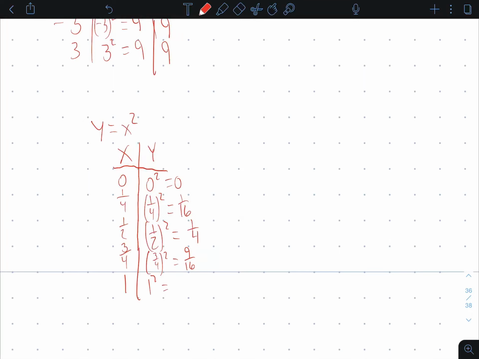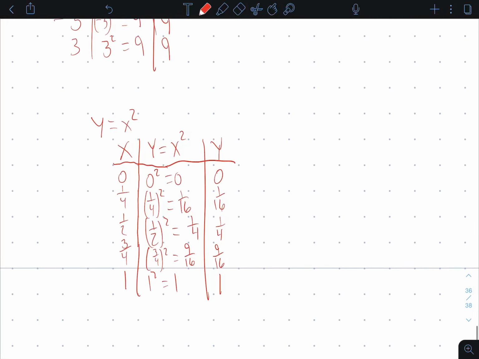And 1 squared equals 1. So that was us plugging in for x and then squaring it. So then the coordinates for y are 0, 1/16, 1/4, 9/16, and 1. So what that means is that we need to graph 0, 0.